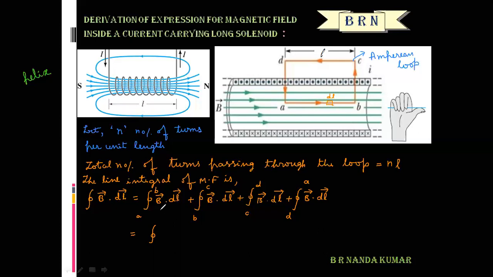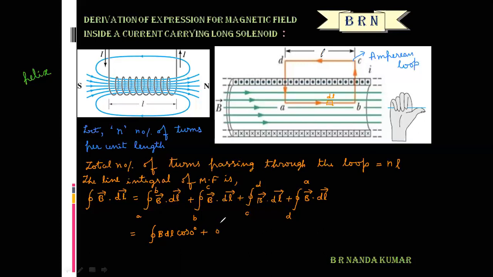So what is the angle in between them? That is 0. Dot product of two vectors is given by the product of the magnitudes of the two vectors. So magnitude of B vector is B, magnitude of dl vector is dl, and cosine of the angle between B vector and dl vector. Here B vector is parallel to dl vector, so that is why theta is 0.